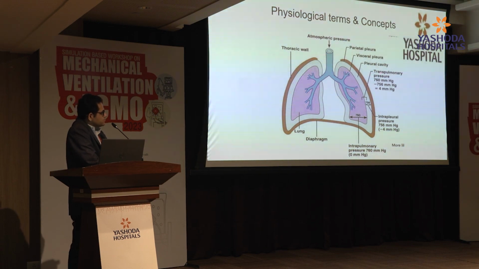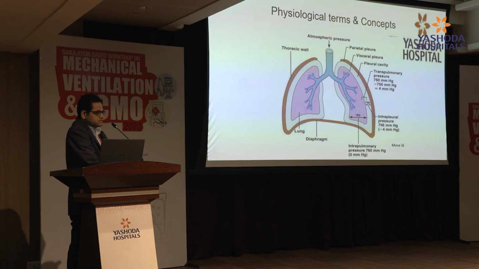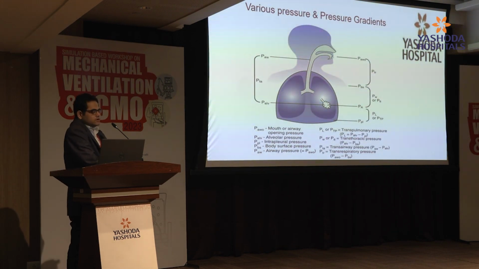The other important pressure parameter is transpulmonary pressure. We'll discuss these various pressures and pressure gradients. As told already, for gas flow to happen there should be a difference. The difference between the airway pressure and the alveolar pressure is called the trans-airway pressure.